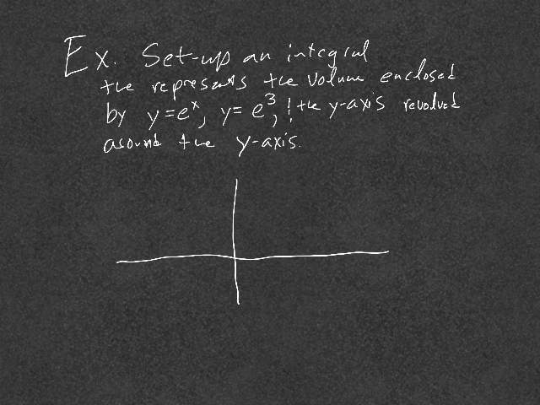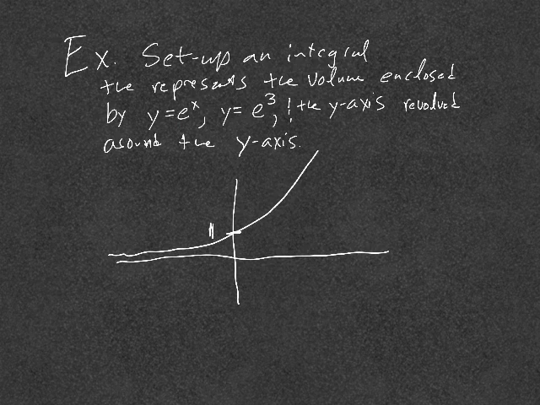So e to the x, that's my exponential function, goes through the y-axis at 1. y equals e cubed, that's just going to be a horizontal line going across, and e cubed is actually pretty big, and so this is not to scale, but good enough.